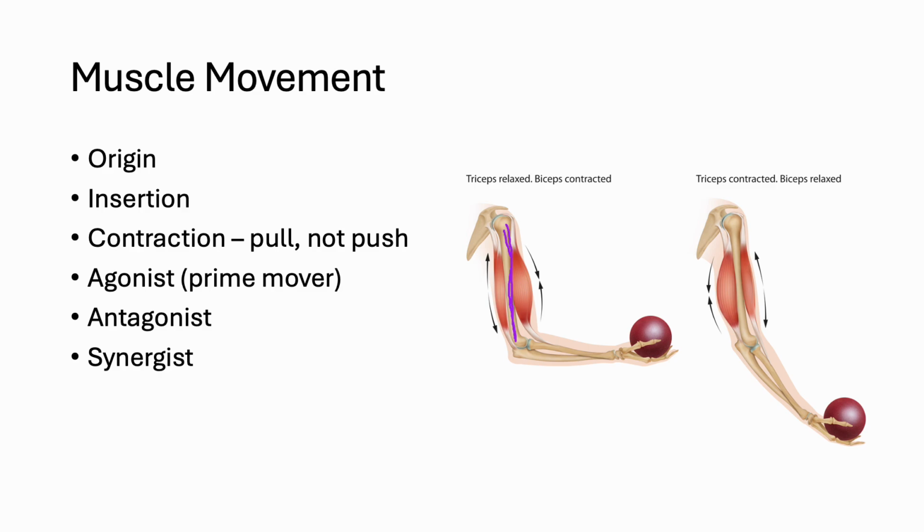Now, you cannot see exactly in this image the exact spots that the origin and insertions are occurring, but for the biceps, the origin is actually the scapula. So the biceps have two heads, so that has two origin attachments.